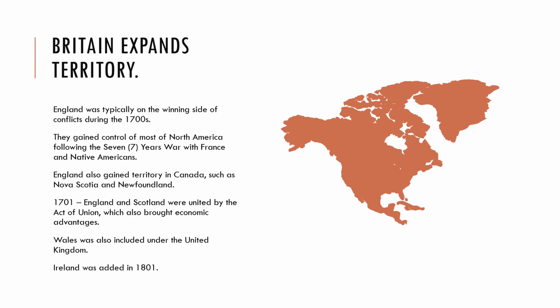In 1701, England and Scotland were united by the Act of Union, which also brought economic advantages, and Wales was also included under the United Kingdom, and Ireland will be added to the United Kingdom in 1801. So again, we see a lot of growth and expansion that's going to allow for more trade, more economic opportunities, more growth overall that's going to help Great Britain become a global power.